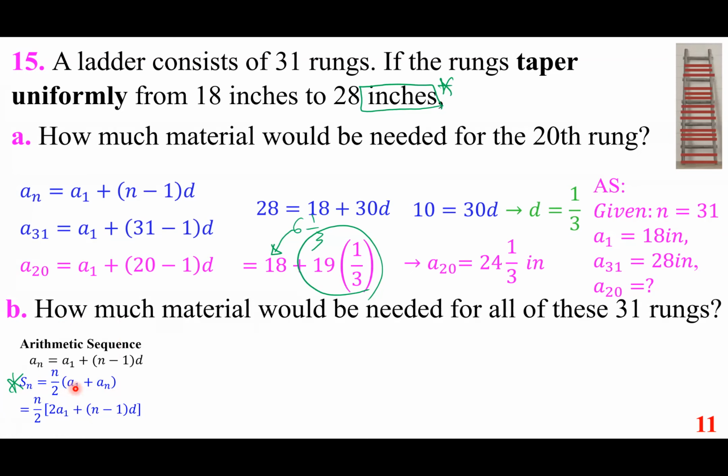Since we have A sub 1 and A sub n, it's easier to go with that. We replace the n with 31. A sub 1 is 18. A sub 31 is 28. They add up to 46.